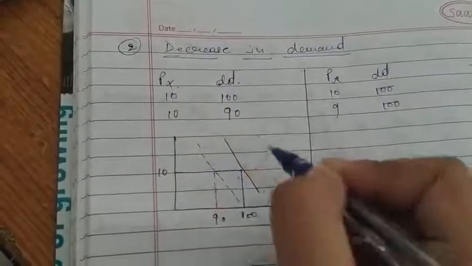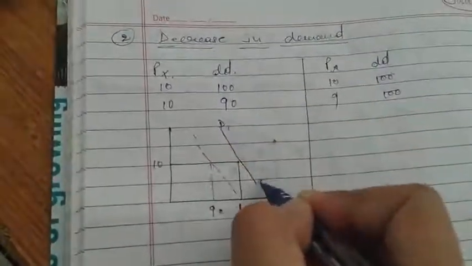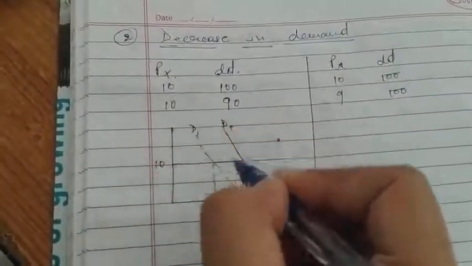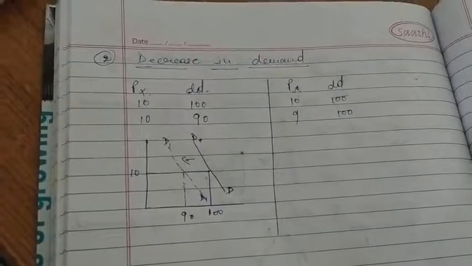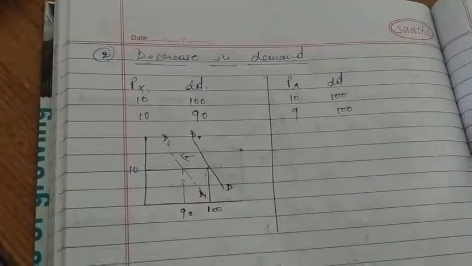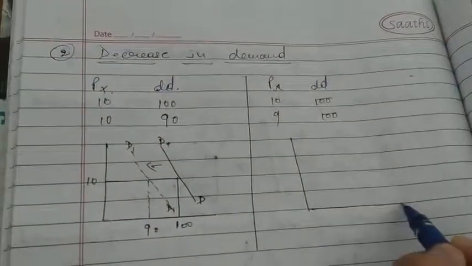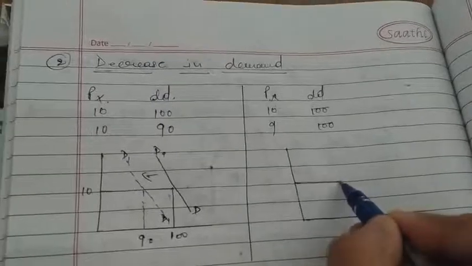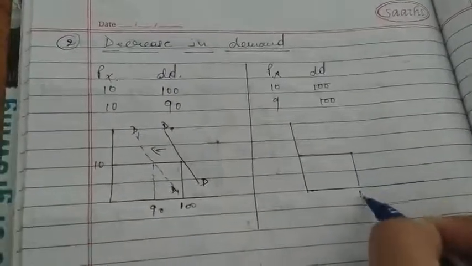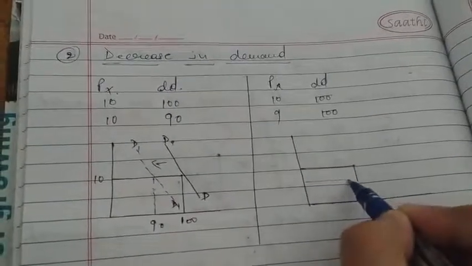and the demand curve shifts. There is a leftward shifting of the demand curve. At the same price, less demand, so the demand curve shifts leftward. And here, same demand at the lower price.